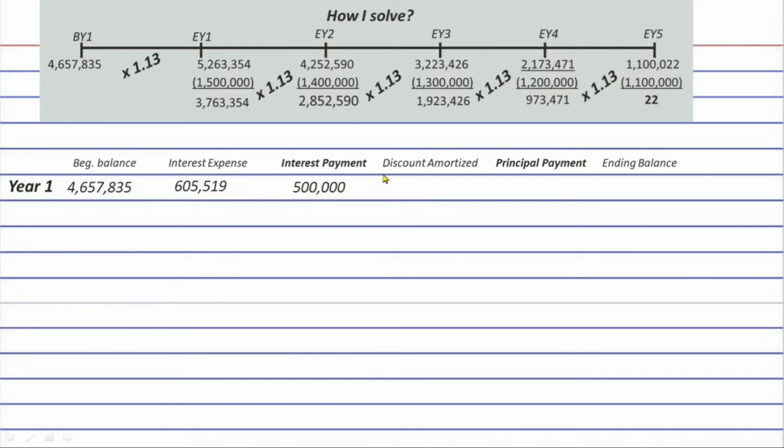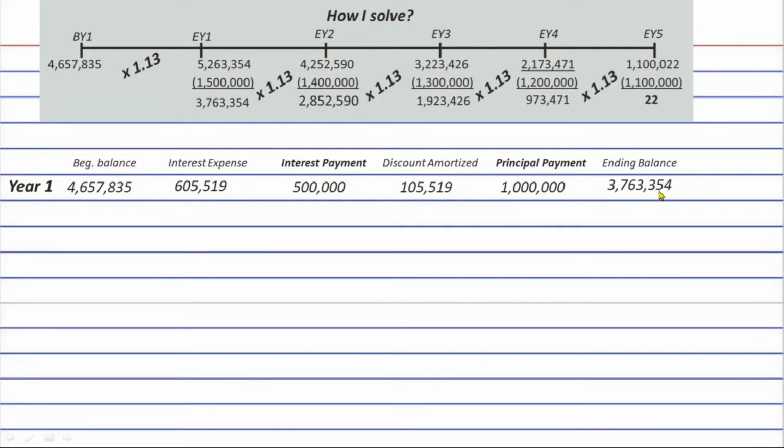Next column. The difference of the effective interest expense and the agreed interest payment is the discount amortized. Now, in order to get the ending balance, you can take the beginning balance plus the interest expense minus these payments of 500,000 and 1 million, and you will get 3,763,354.